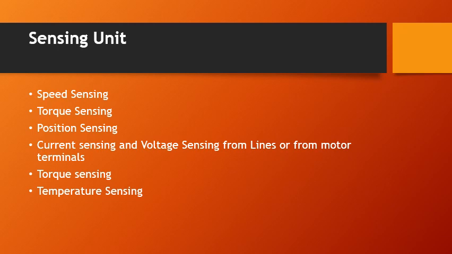Then there are current sensing and voltage sensing from lines or from motor terminals, and temperature sensing. Temperature sensing is an important parameter to know the temperature of the motors, to monitor the performance of the motor. The temperature plays a vital role.